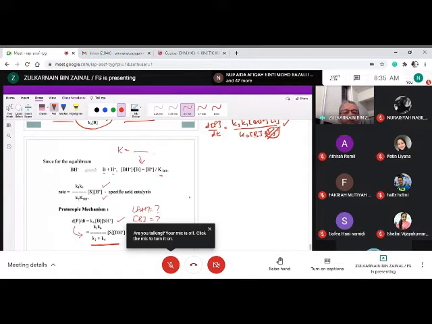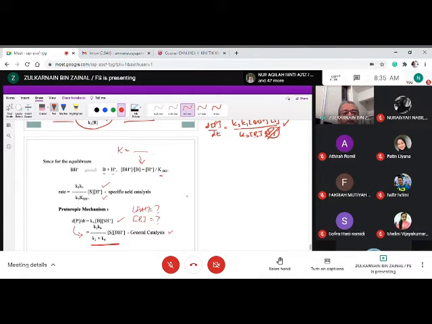Okay, so for the equilibrium of BH plus, there's another thing to consider: BH plus in the catalysis is also in equilibrium with B and H plus. We don't normally write like that.